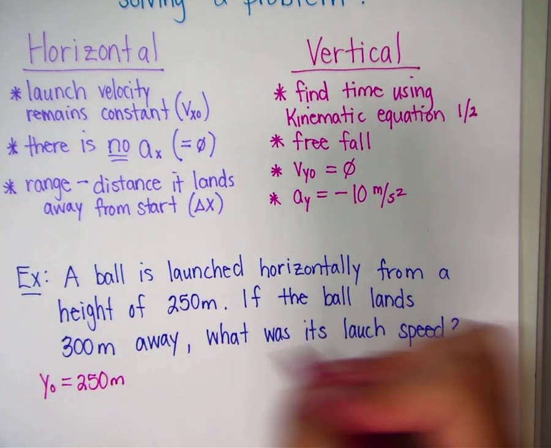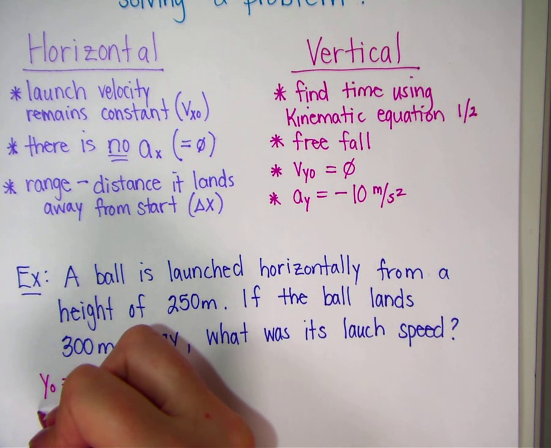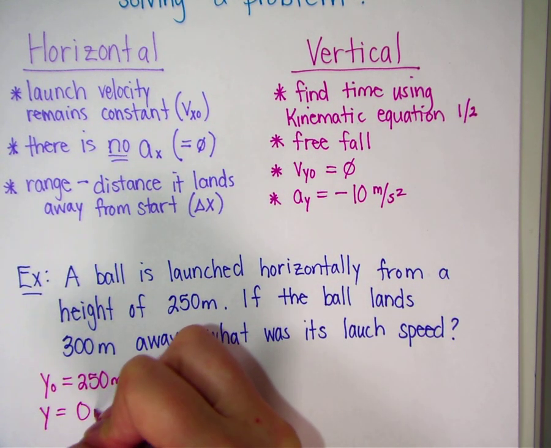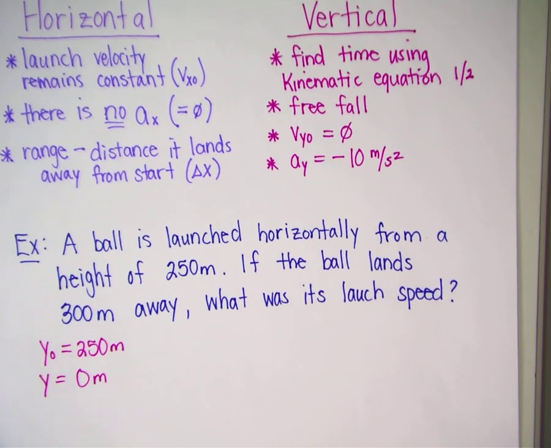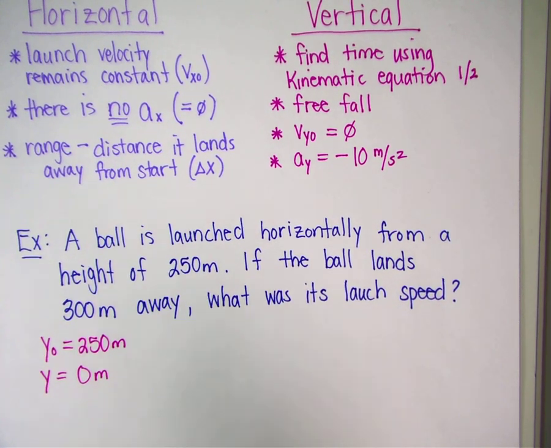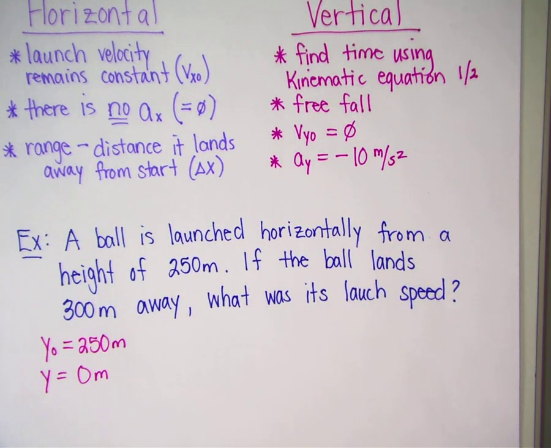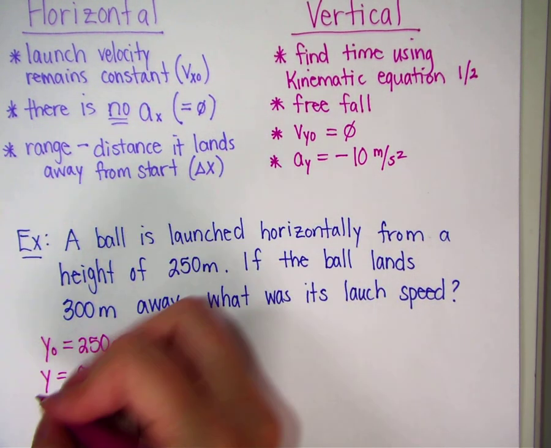It's landing 300 meters away, so you can automatically conclude that it's going to hit the ground, which is your final vertical position of 0. The 300 meters away is how far away it lands, which is your range, your delta x.